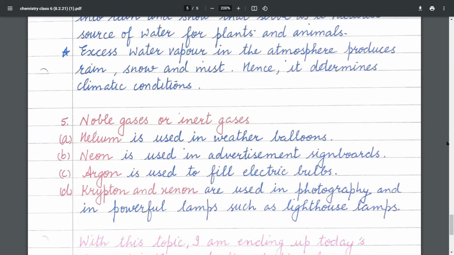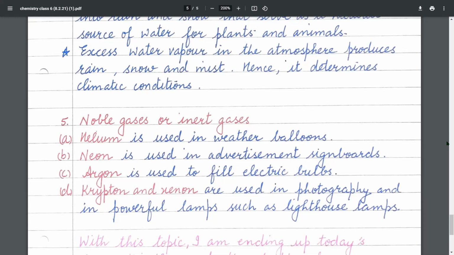Last is noble gases or inert gases. Helium. Helium is used in weather balloons. Neon. Neon is used in advertisement signboards. Argon.